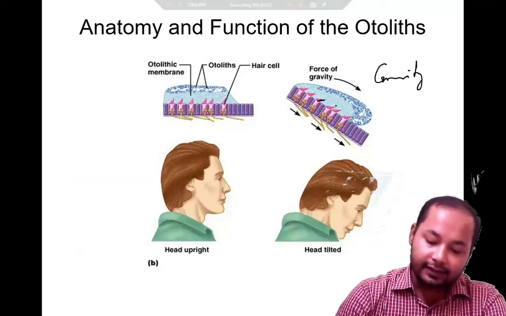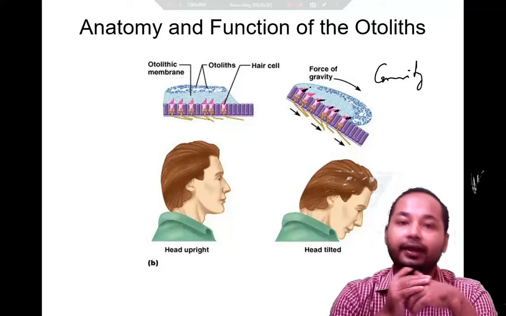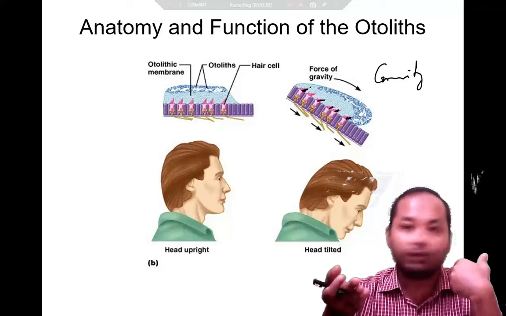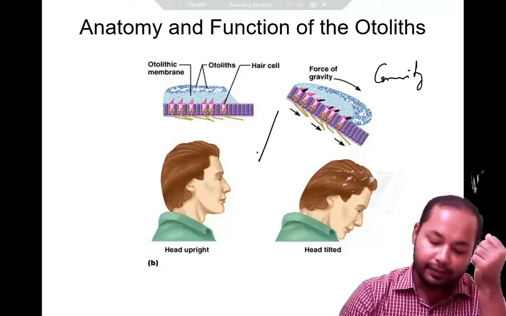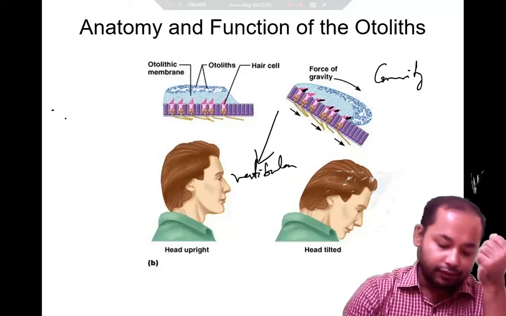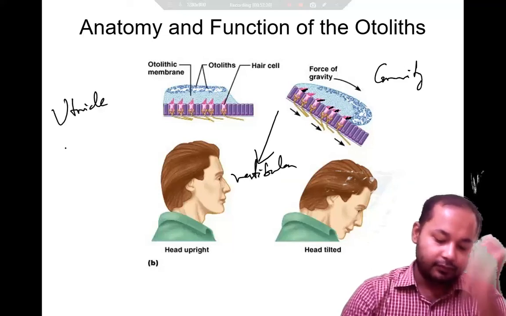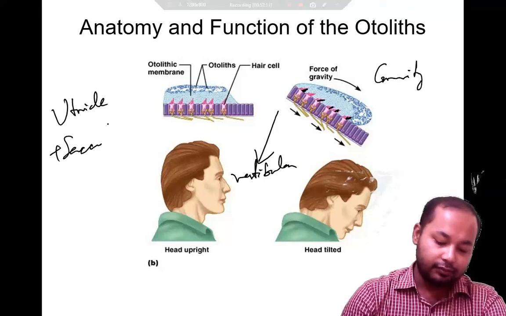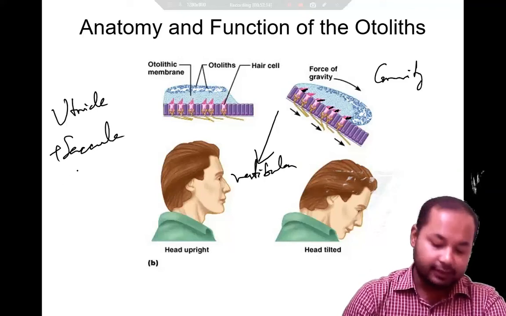Because of this disturbance, the hair cells record it and send it to the brain with the help of which nerve? Not the cochlear nerve. This time it is the vestibular nerve. So utricle plus saccule sense the disturbance of linear acceleration.